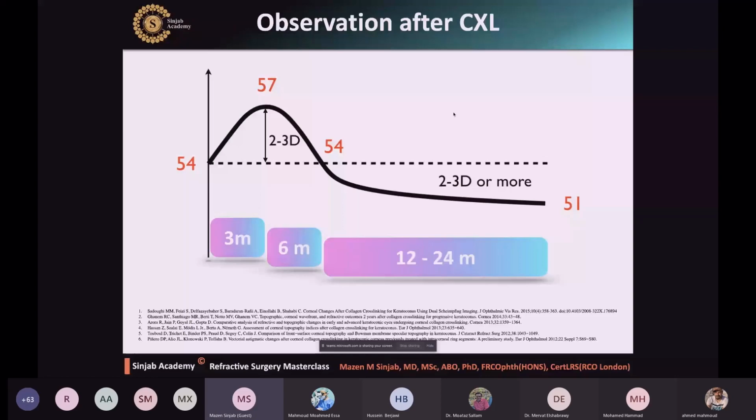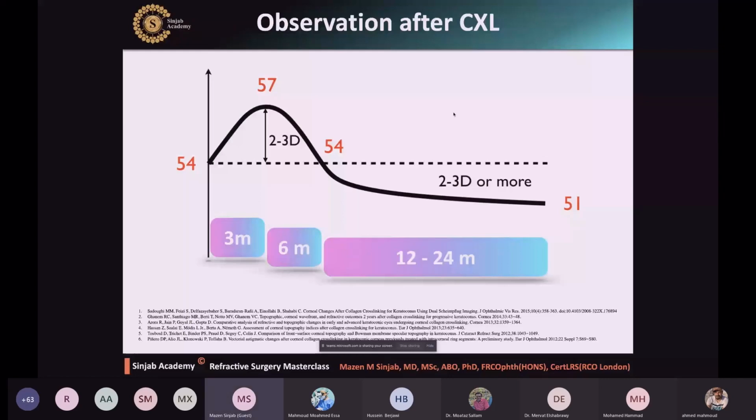Then within the second 3 months, they will go back to the baseline. All right. And then usually there will be a progressive flattening over 2 to 3 years, maybe, where the K readings will go down for additional 2 to 3 diopters. So remember this slope.